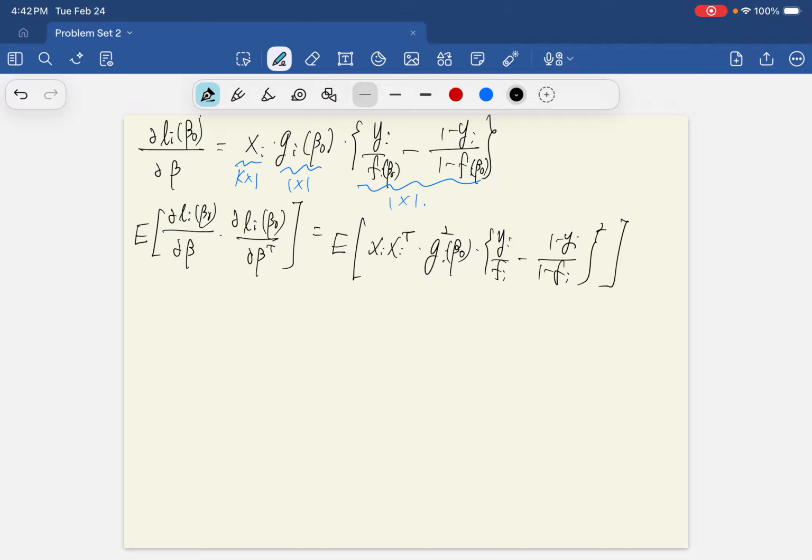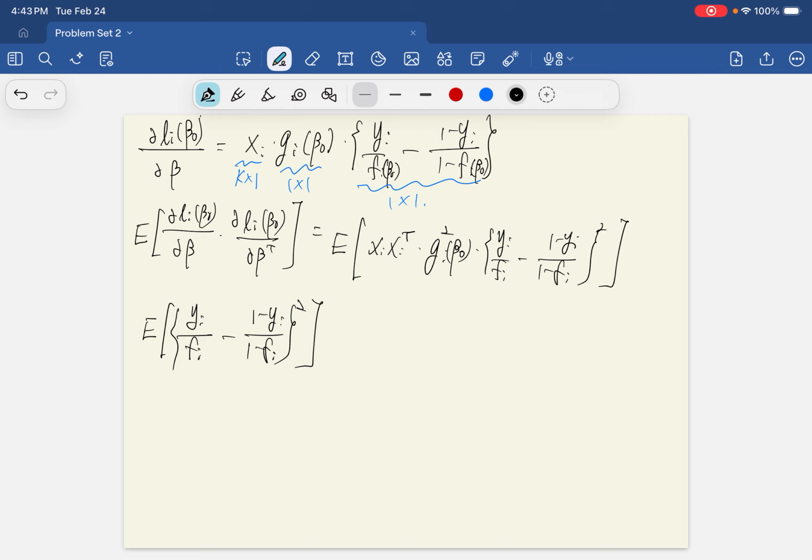That is how we calculate this, right? So to do that, we are going to use the law of iterated expectations, and then we need to calculate this first, yi over fi minus 1 minus yi over 1 minus fi squared. So we have to calculate this first.